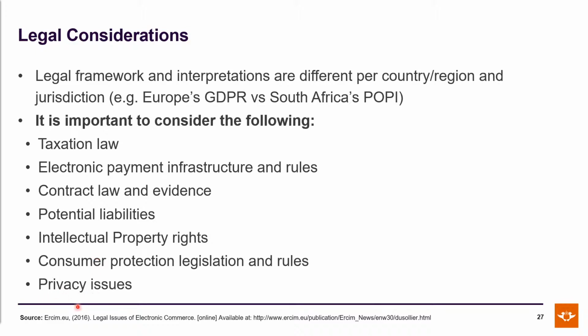Because if you don't manage people's privacy correctly, well, then you might not be able to operate your website in Europe. If you don't adhere to POPI, you won't be able to then operate your website in South Africa. So these kind of considerations, especially from the legal side of things as well as the logistical side of things, is going to affect how you build your website at the end of the day.